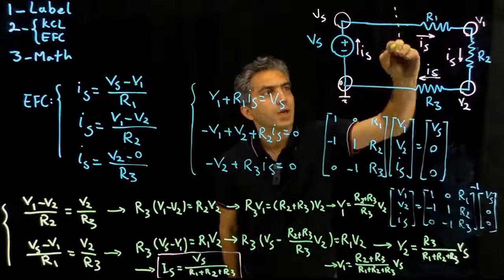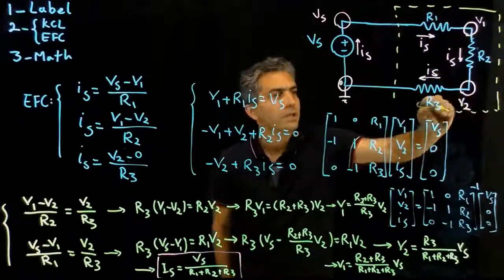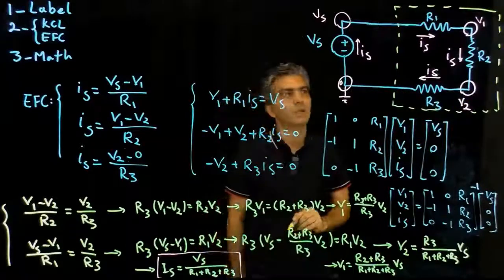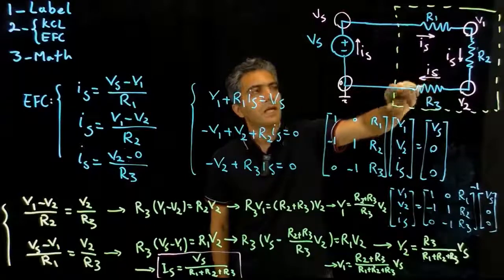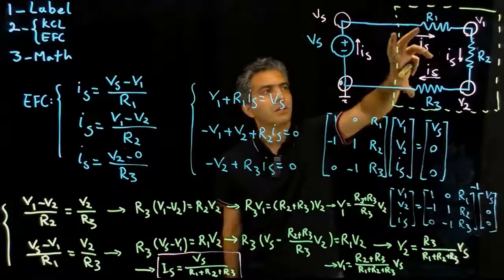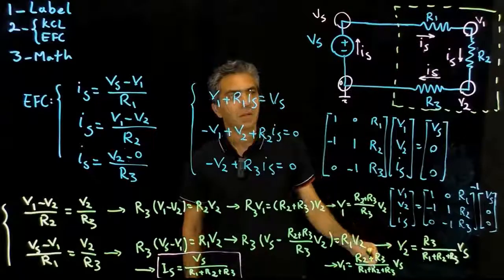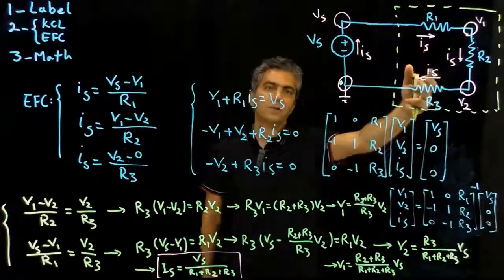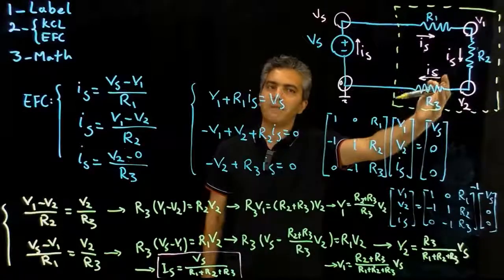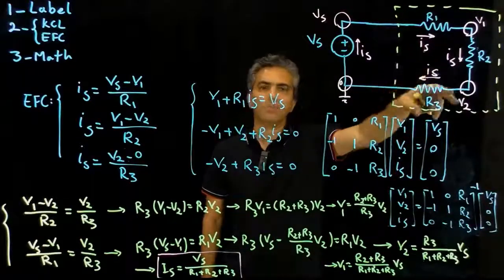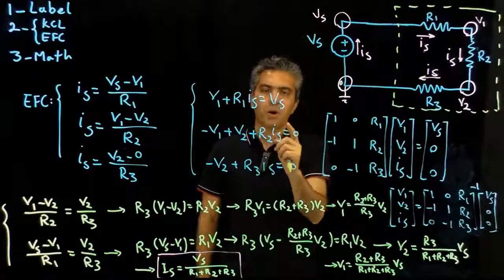We can at this point start discussing the concept of equivalency. So what does that mean? If I put a box around this part of the circuit and assume that this is a system, an electrical network, and I want to define something that behaves the same as these components connected to each other, but is only one component.